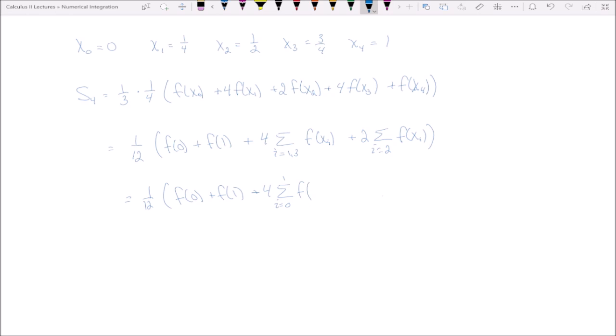F of something times delta x. Since we're only dealing with odds, let's call it 2i plus 1 over 4. Now for the evens, let's just go i equals 1 to 1, because there's only one of them. F of 2i over 4.